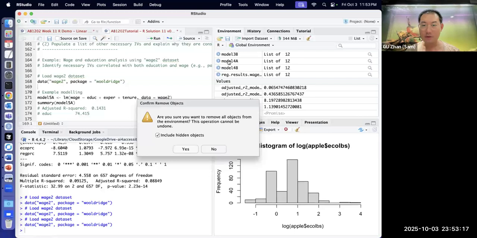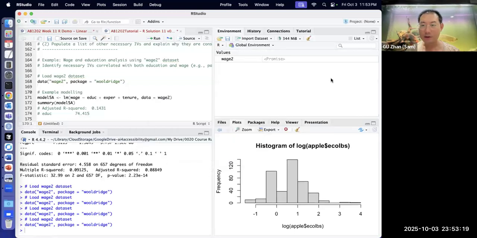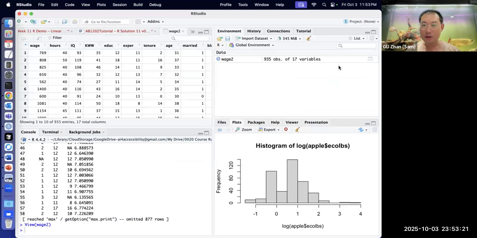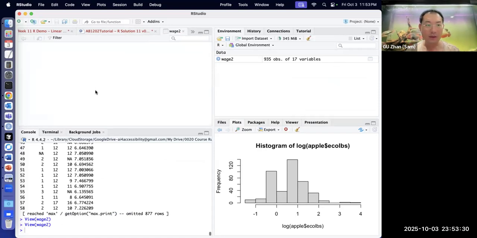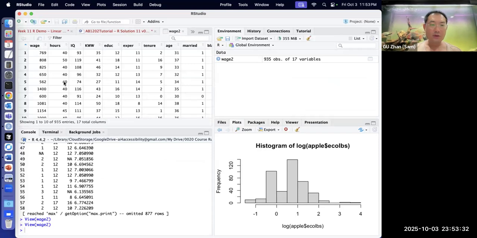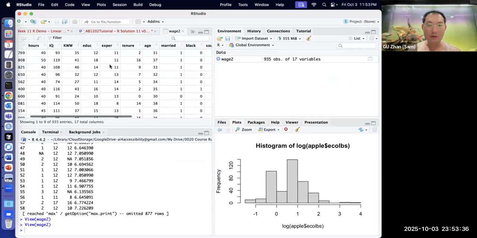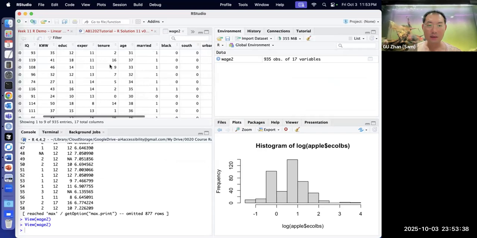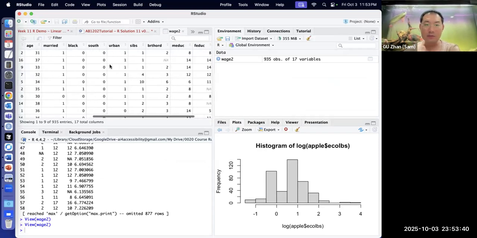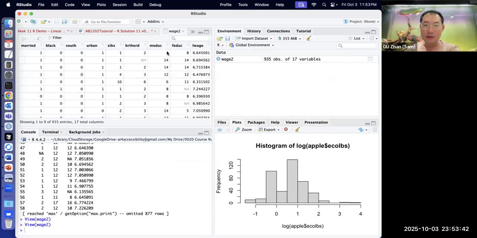Okay, so I have this wage 2. It has 935 observations and 17 variables: wage, IQ, education, experience, tenure, age, married or not, ethnic groups, father's education, mother's education, and so on.